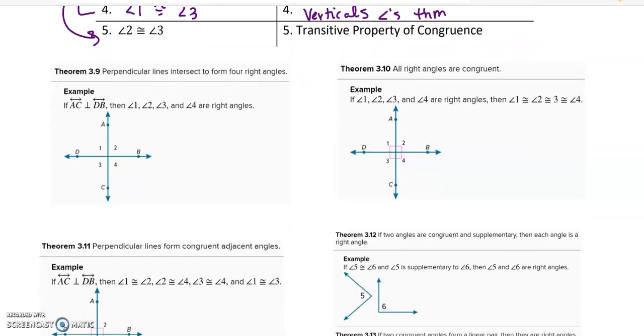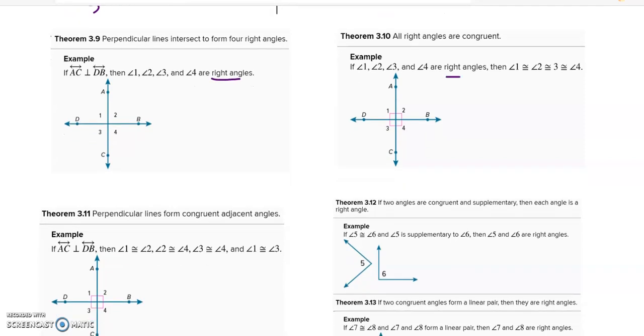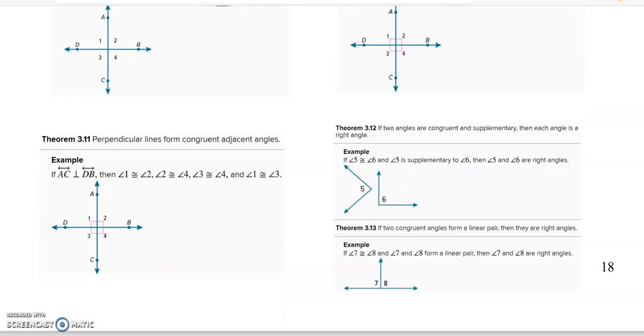All these other theorems down here with perpendicular, you already know. If we have perpendicular lines, we have right angles, 4 of them. If we have right angles, then we know all of those angles are congruent to each other.